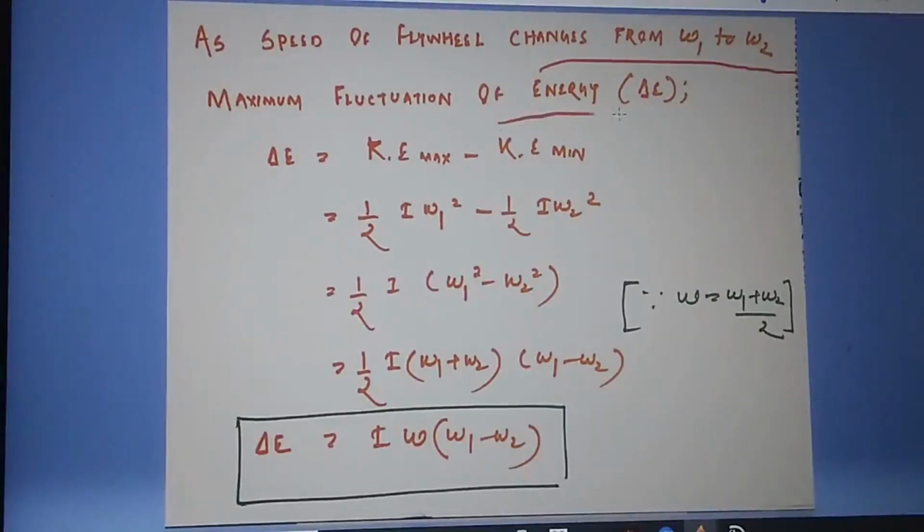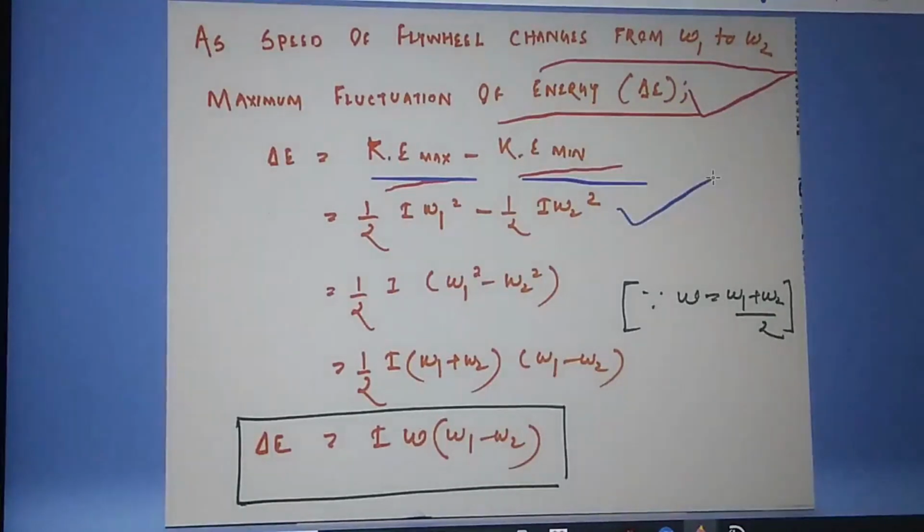The maximum fluctuation of the energy is the difference of the maximum energy minus the minimum energy, that is half I omega 1 square minus half I omega 2 square.